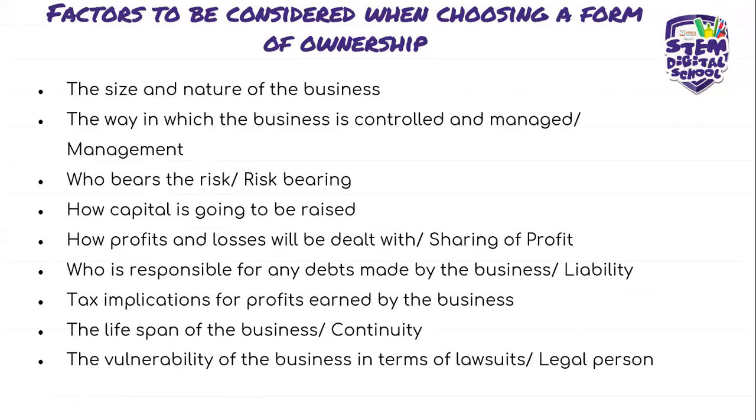So please, guys, familiarize yourself with these things and make sure that you know them. And look, you do not have to cram them. Does it make sense? You do not have to cram them. The only thing that you need to do, guys, is understand what things need to be considered when choosing a form of ownership, and you'll be able to answer any question in an exam or your assessment. So, guys, please bear these things in mind.